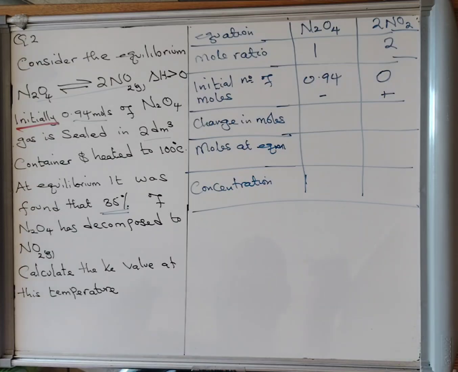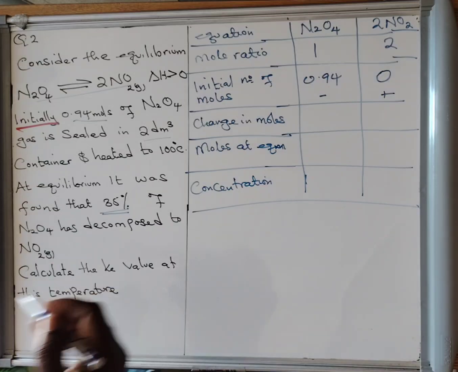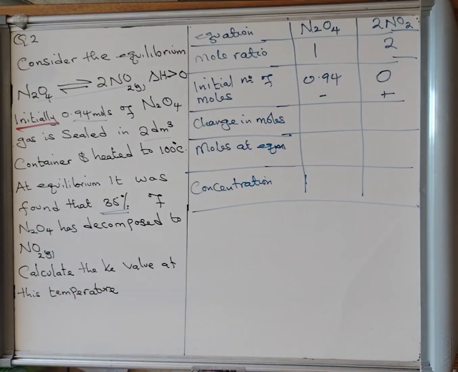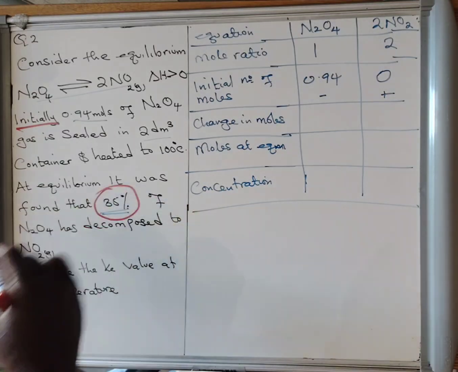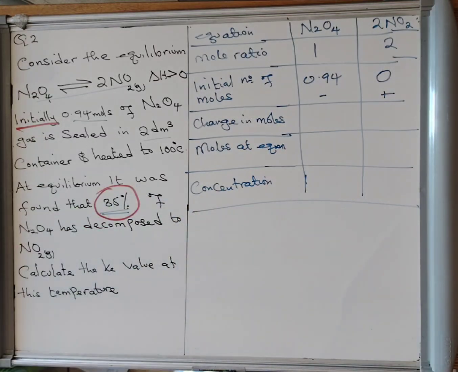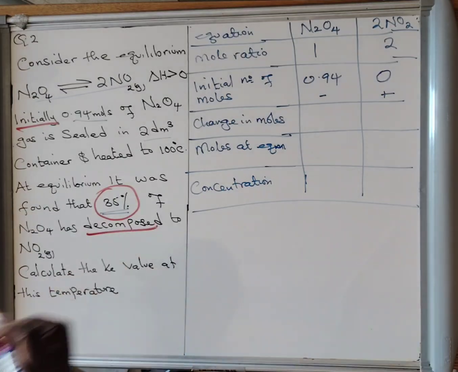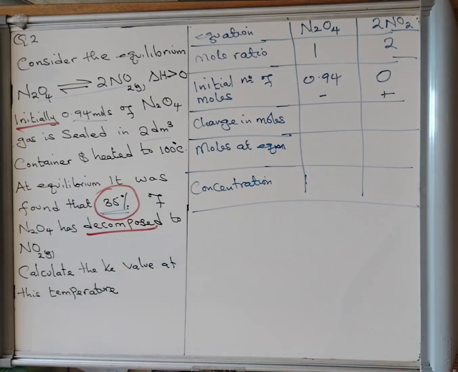Okay, then they said we're having this, they said 35%. So we are given our percentage which decomposed, and also this one is very important. 35% has decomposed. So what do we do here?